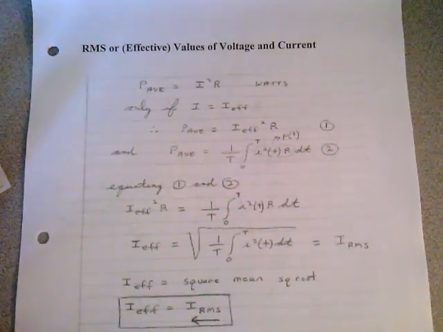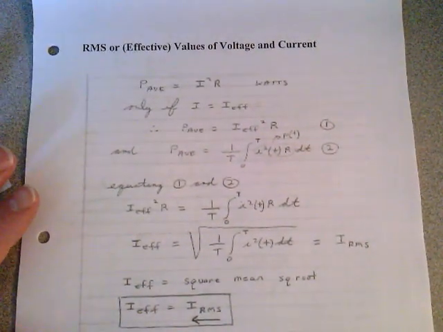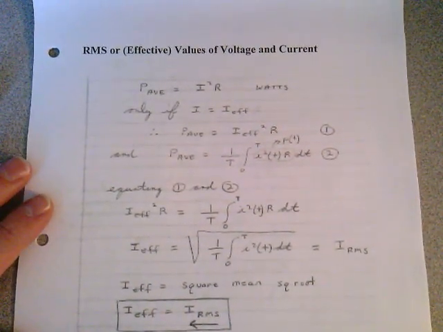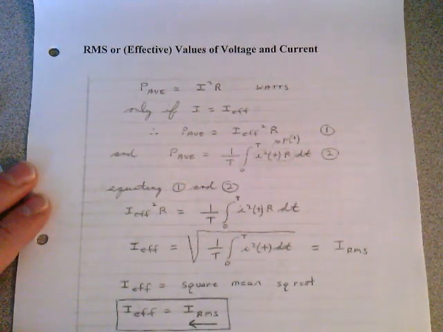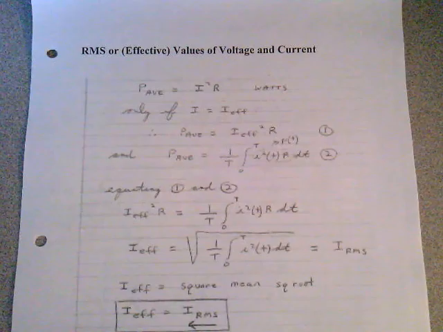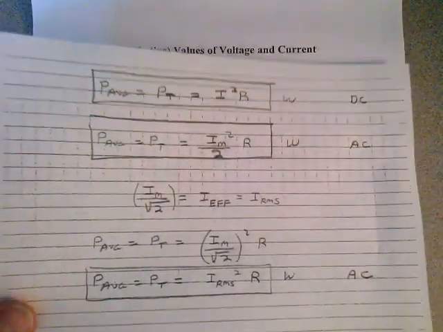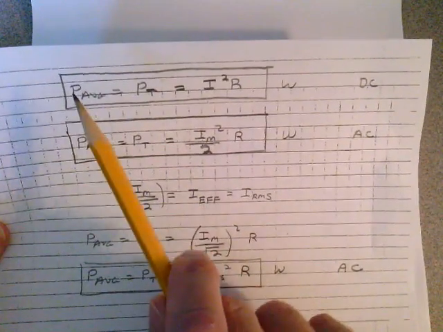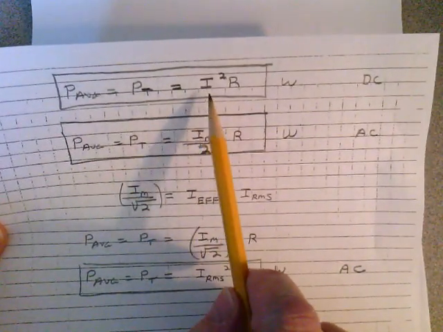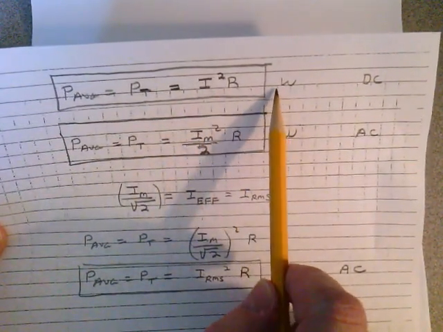We're going to start out on page 258, and we're going to talk about this RMS. Another name for RMS is effective values of voltage and current. But before we do that, I want to refresh your memory that we had these equations before. We said the true power or average power was equal to I squared R in watts.